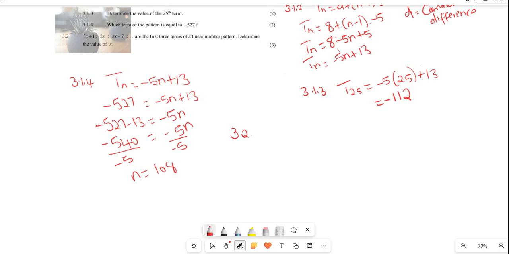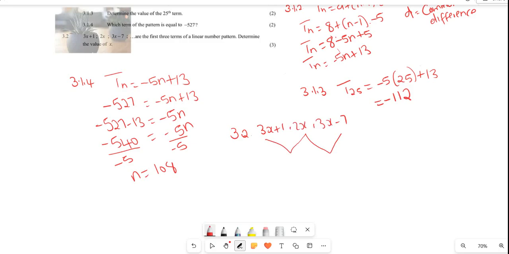I know that my difference must be equal, right? I'm going to subtract T1 from T2, and then equate it to T3 minus T2, because in a linear number pattern, the difference must be equal. So I'll write down here 3x plus 1, 2x, 3x minus 7.